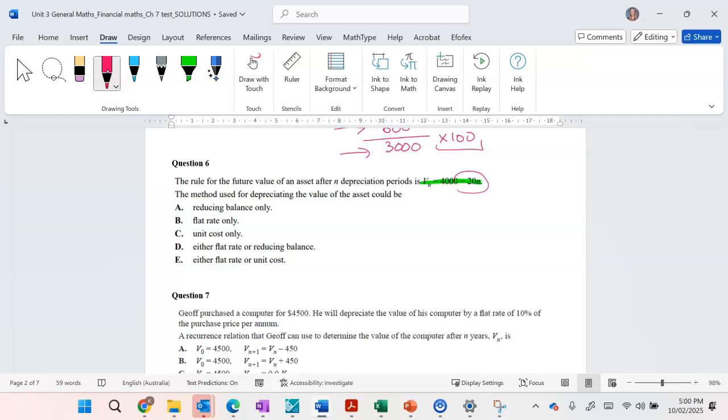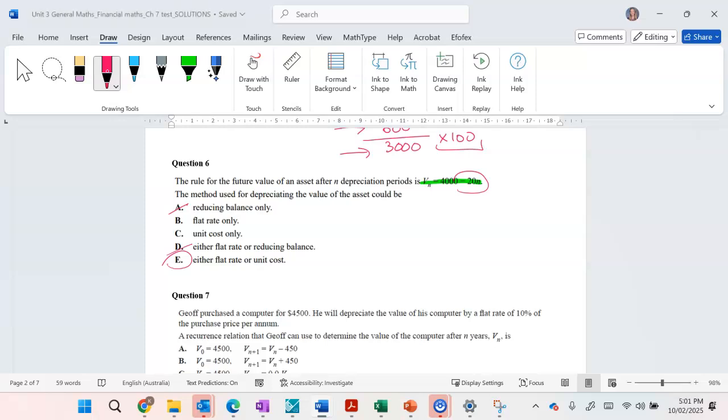So it's starting off with $4,000 and it's going down by $20 per year or $20 per unit. Now, it's not reducing balance, because reducing balance is an example of geometric decay. It could be flat rate. It could be unit cost. All right, so let's keep going. Either flat rate or unit cost, so option E.